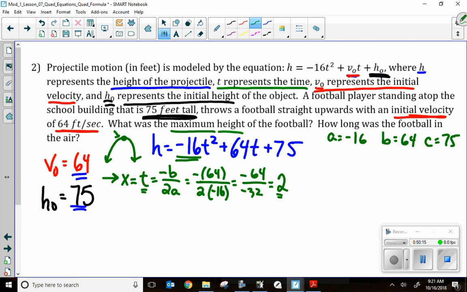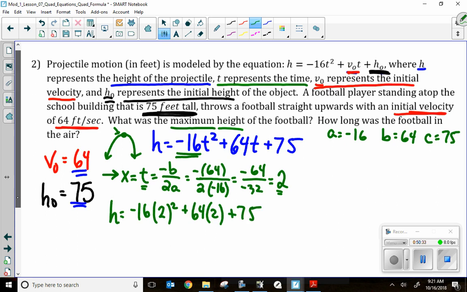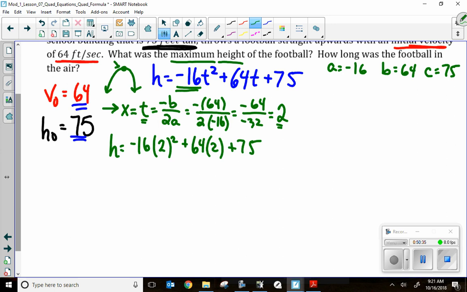How do I find height at time 2? I simply take my height equation and put 2 in for t. Negative 16 times 2 squared plus 64 times 2 plus 75. All right. My goodness. This is a big problem.